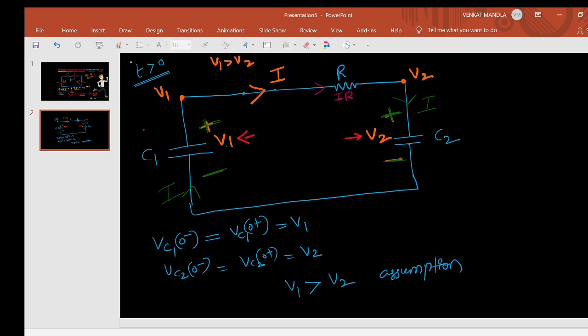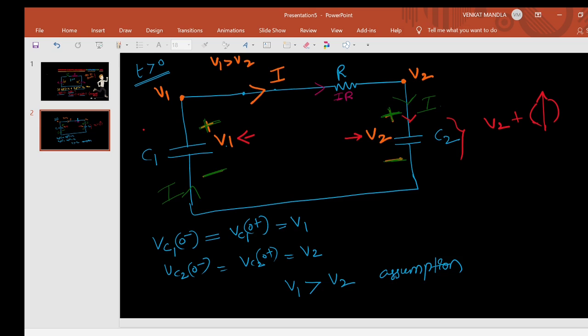For t greater than 0, C1 is supplying power and capacitor C2 keeps charging, so its voltage is increasing, V2 plus some value, with respect to time. Up to which value will it increase? Up to V1.